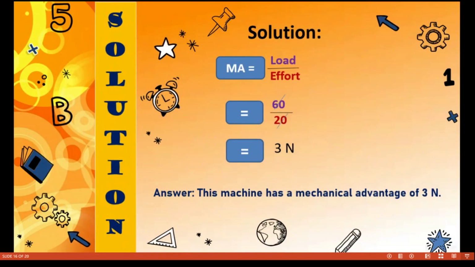Very simple formula: mechanical advantage MA is equal to load by effort. Load is given as 60 and effort is given as 20, and the 0s will cancel out. 1 2 is 2, 3 2s are 6. So mechanical advantage is 3. So this machine has a mechanical advantage of 3, which is very simple.